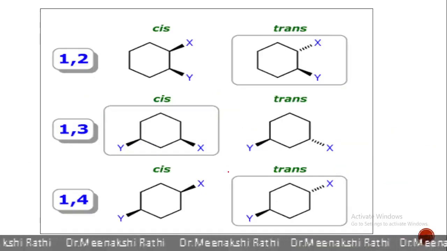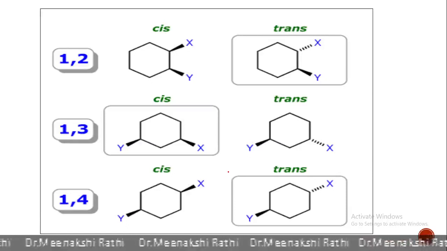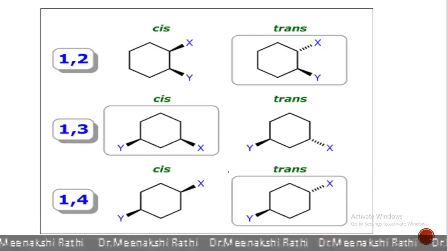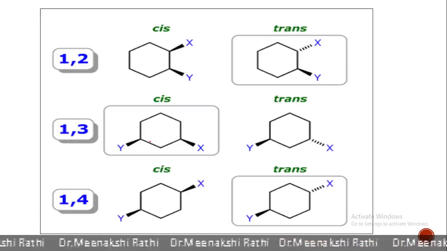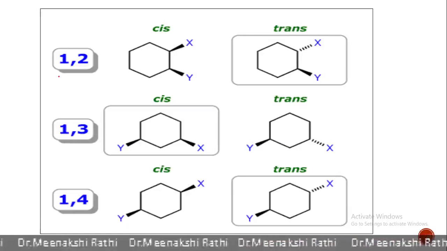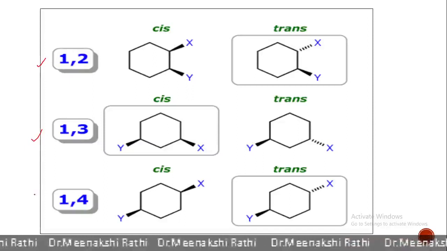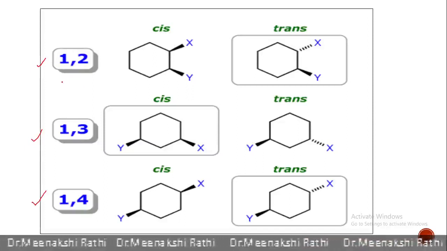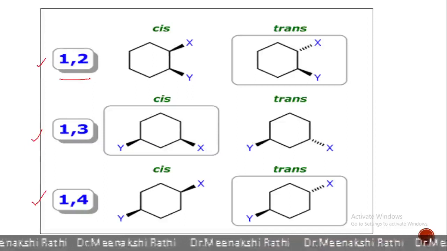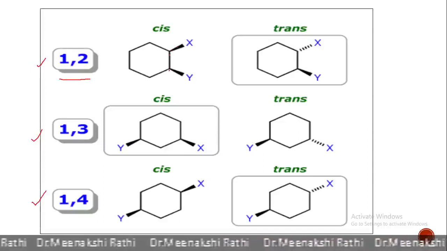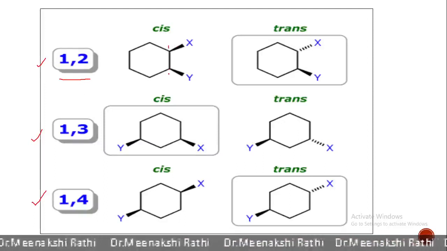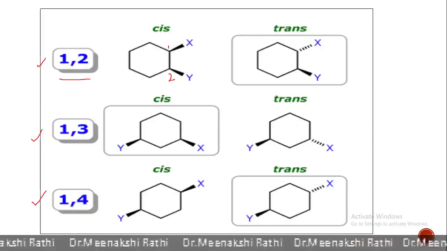Now let's go to the other types of disubstituted cyclohexane. Disubstituted cyclohexane may be of 1,2, 1,3 or 1,4 type. 1,2 disubstituted cyclohexane means two substituents are present at the 1 and 2 positions.